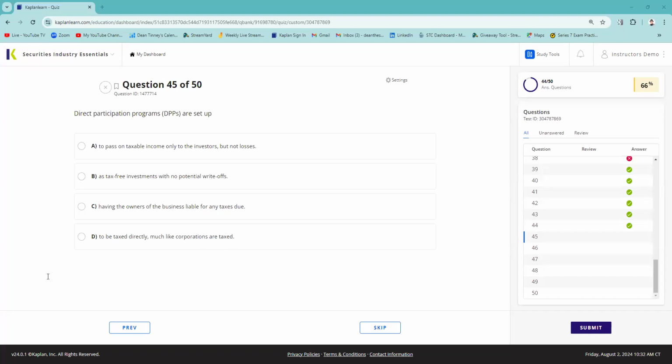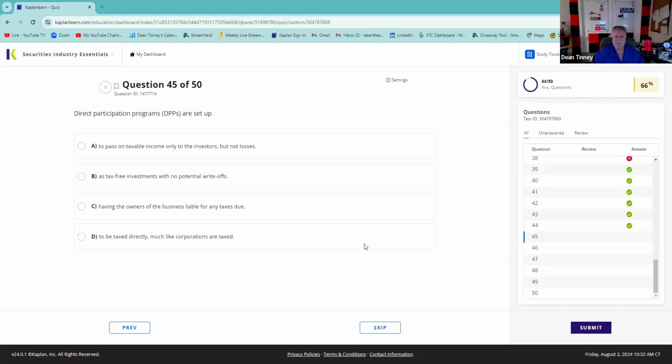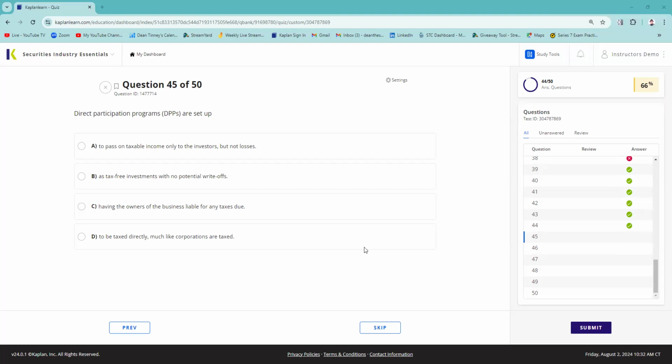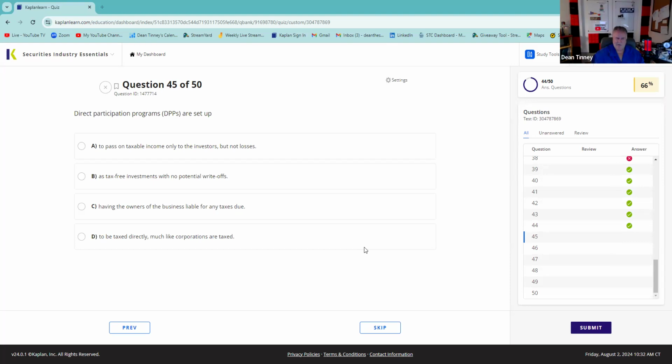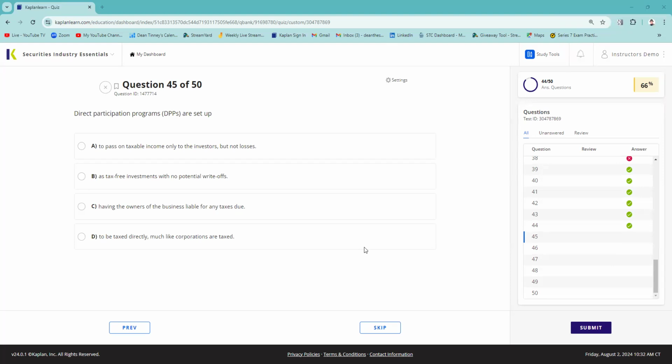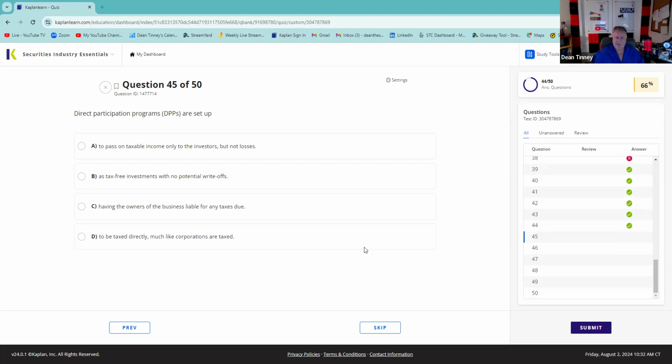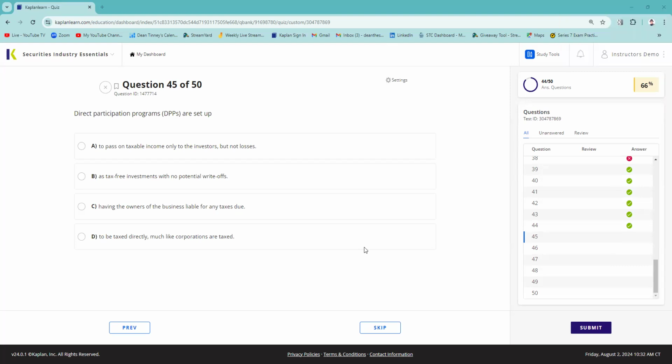But remember, it says taxable income only. That's what makes that wrong, right? Direct participation programs pass through both passive activity losses as well as passive income. Tax-free investments, and the owners of the business are liable for taxes.